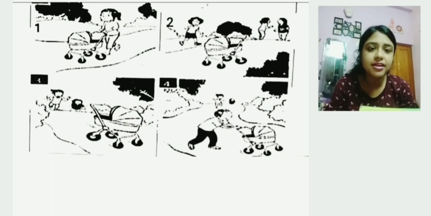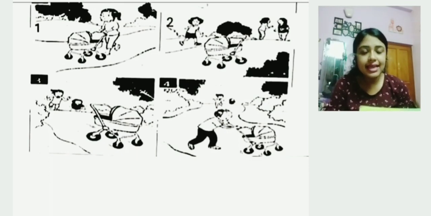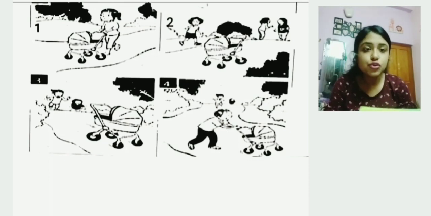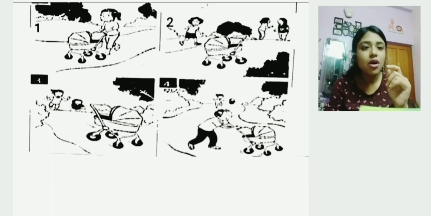What are we seeing right now? A lady is holding a pram, and she is walking. What is a pram? A pram is a baby carriage. As you can see, there is a baby in the carriage. Number 2, the woman seems to have seen an old friend of hers.